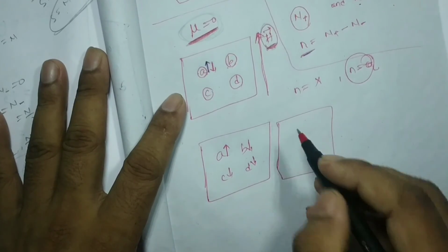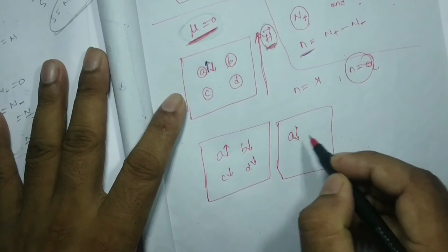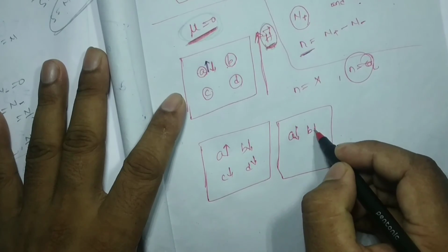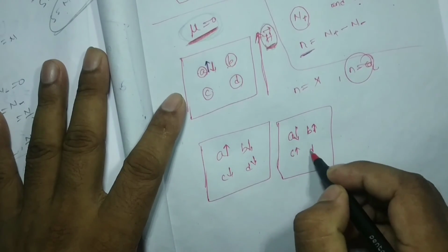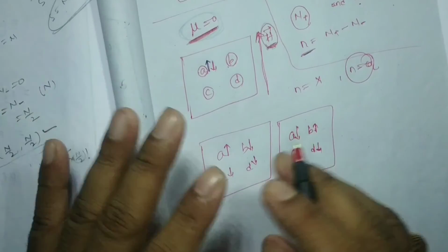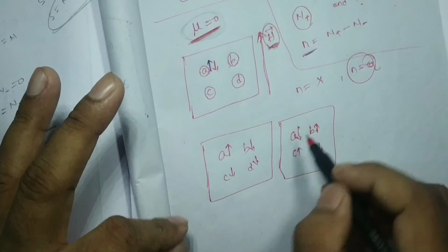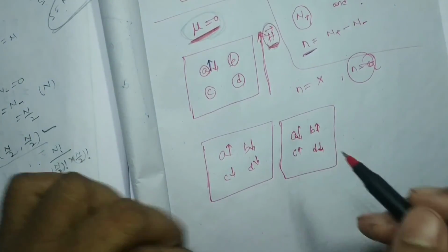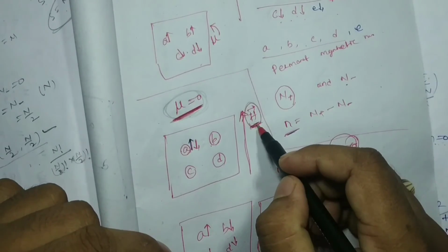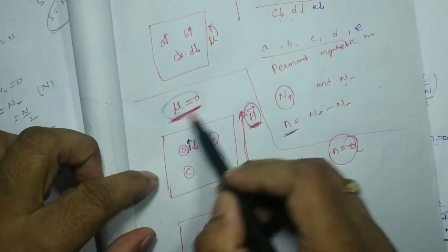For another instant, maybe A will be anti-parallel, B, C will be parallel, D is anti-parallel. So there is no guarantee which arrangement we will find whenever we apply the magnetic field in the case of mu equal to 0.